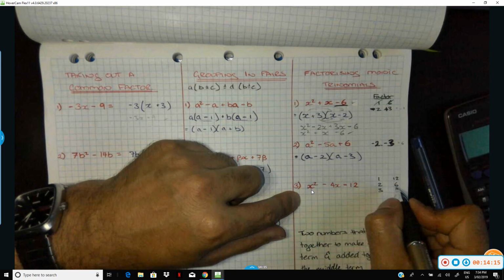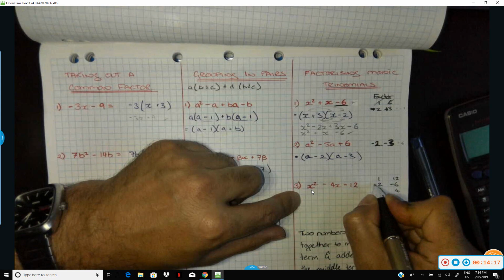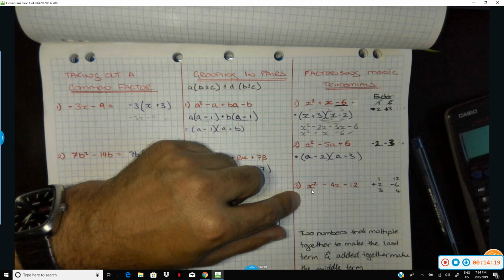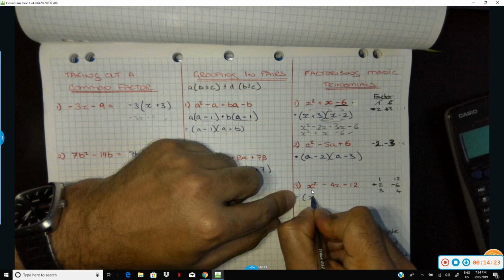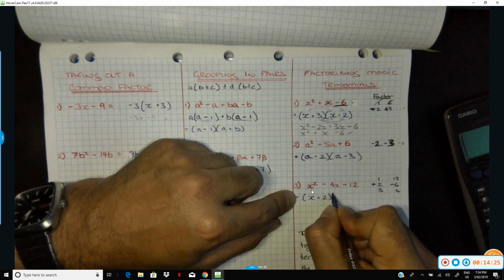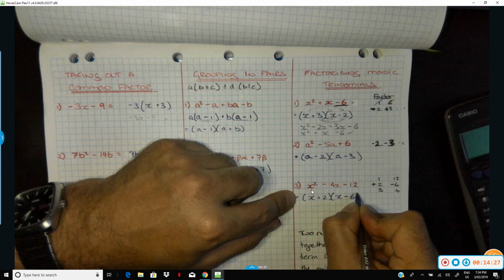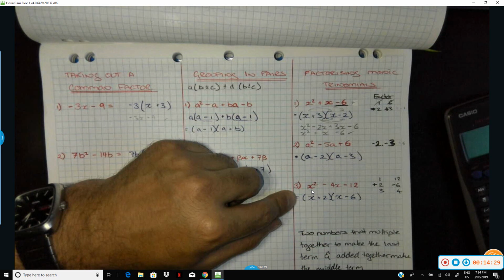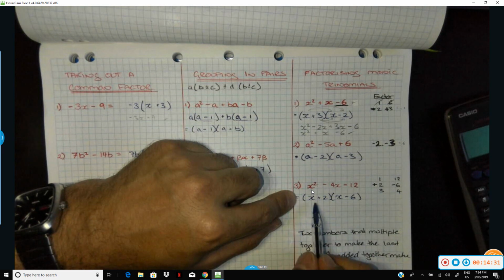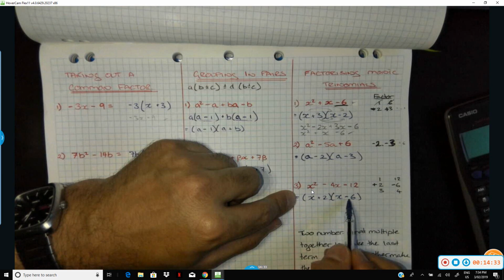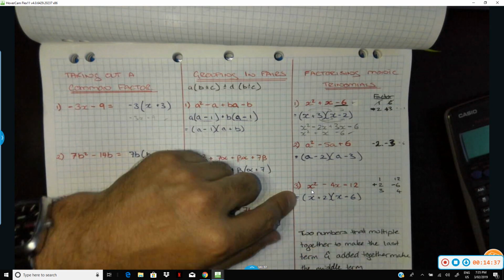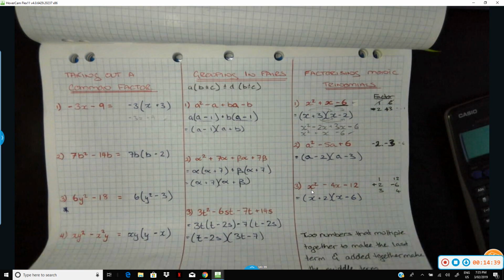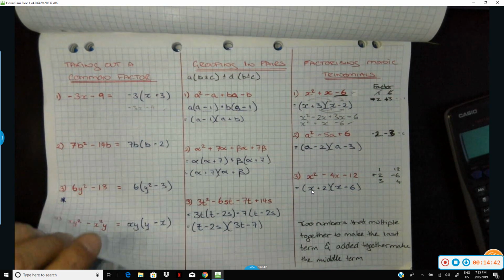So I feel that it's going to be -6 plus 2. So this solution is going to be x plus 2, x minus 6. Okay, and we can test that. x squared, -6x plus 2x is -4x, and then 2 times -6 is -12. Beautiful. Okay, all right.